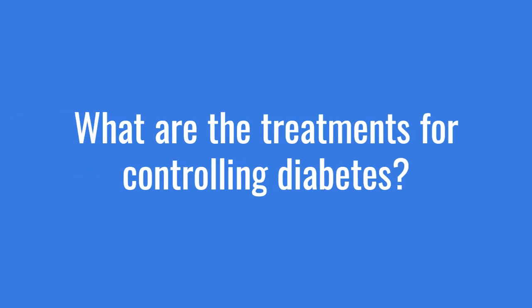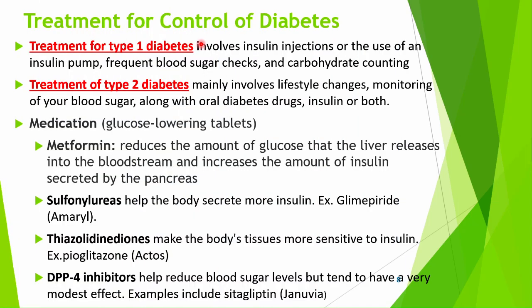In the second and last part of this video, I'm going to talk about the treatment and control of diabetes. We have two types of diabetes: type 1 and type 2. Treatment for type 1 involves insulin injection. In type 1 diabetes, it is compulsory for the patient to take insulin hormone by injection.